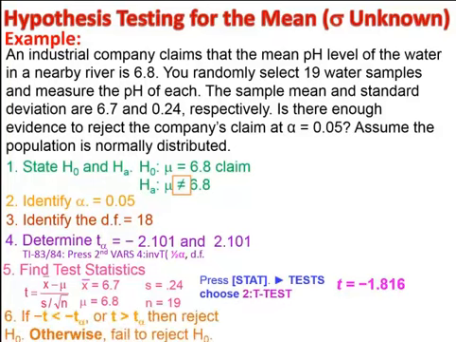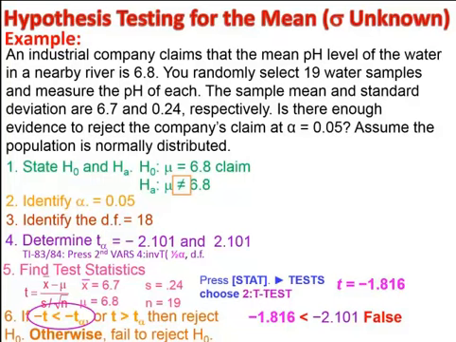So now our rejection region is either the test statistic is less than the negative critical value, or the test statistic is greater than the positive critical value. Because our test statistic is negative, I'm going to test it against the negative region.